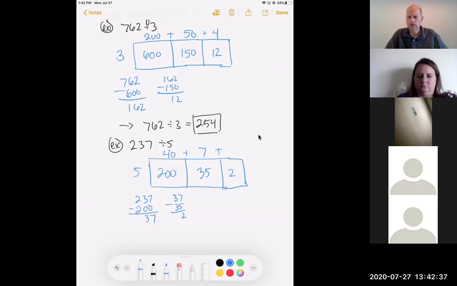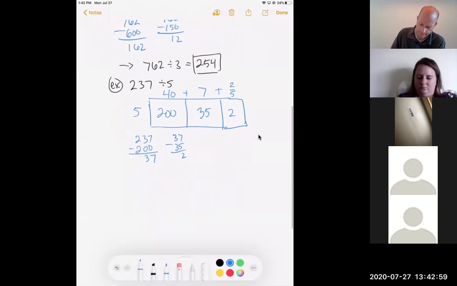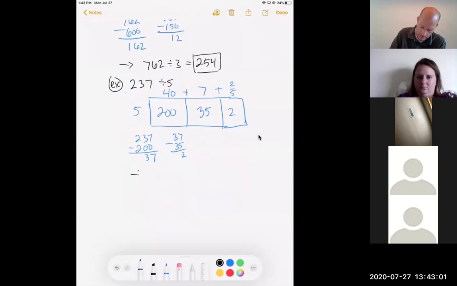How do we handle remainders that aren't divisible by the divisor? Could we make them a fraction? Yeah, let's do a fraction. So you have 2 left over. The group size is 5, so your fraction is 2/5. Therefore, 237 divided by 5 is equal to 47 2/5.